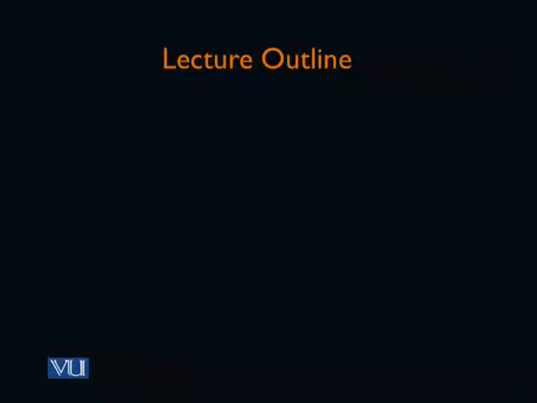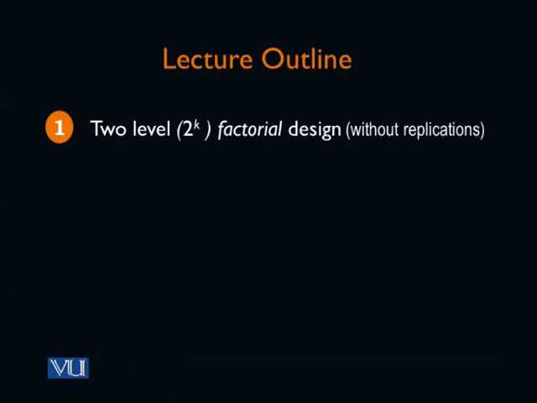And the simplest kind of design which deals with multi-factor experiments is the design that we are going to focus on today. So if we see the outline of this lecture now, there are two parts of this lecture. The first one is the two-level factorial design without replications.